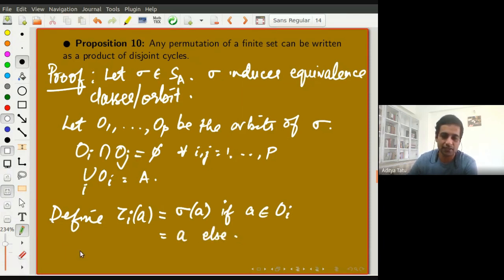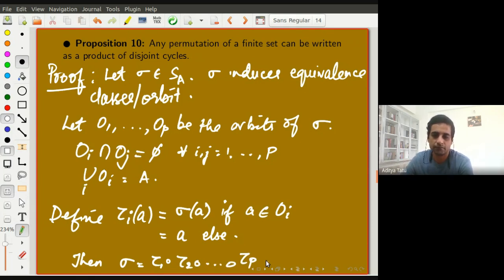So then I hope it is clear that sigma would be nothing but tau 1 composed with tau 2 composed with up to tau p. Make sense? Each of these tau i is a cycle, right?